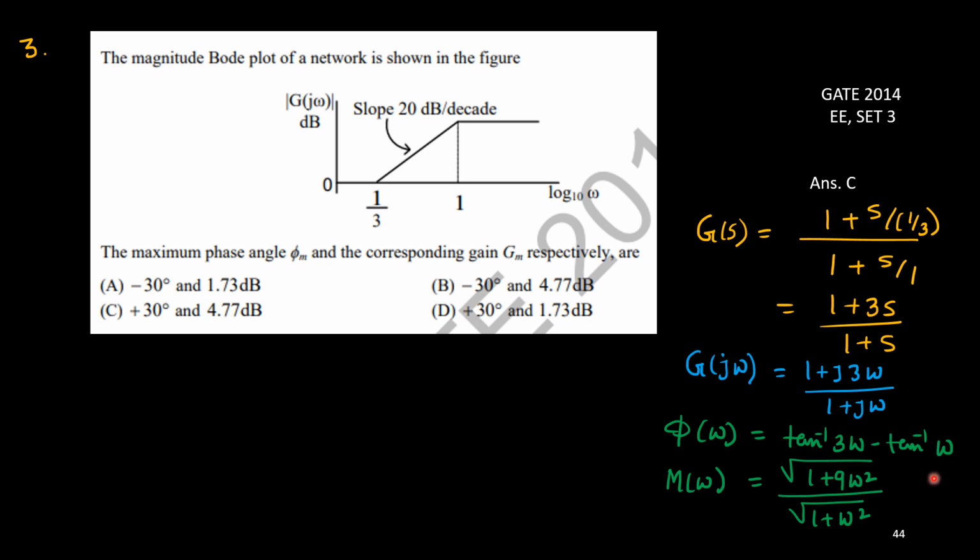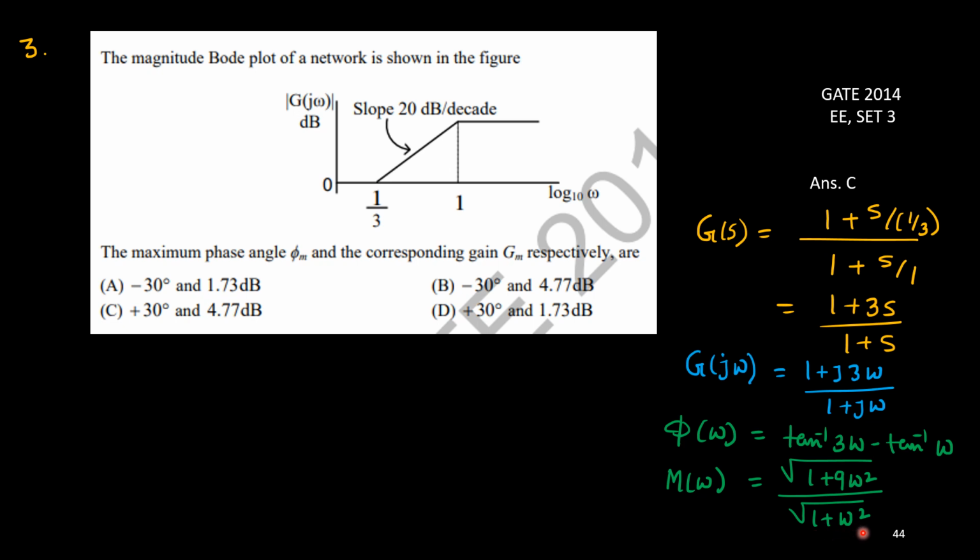And the magnitude is the square root of 1 square plus 3 omega square, that is square root of 1 plus 9 omega square, divided by the square root of 1 plus omega square.